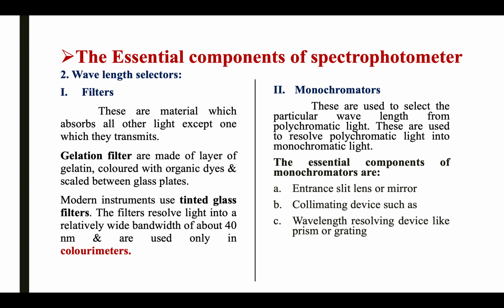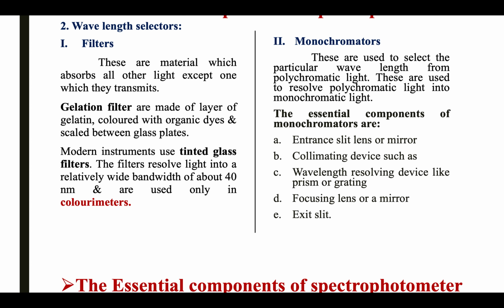In collimating devices, we generally use lenses or mirrors. The fourth one is the focusing lens or mirror, and the fifth one is the exit slit. So these are the five essential components of the monochromator.